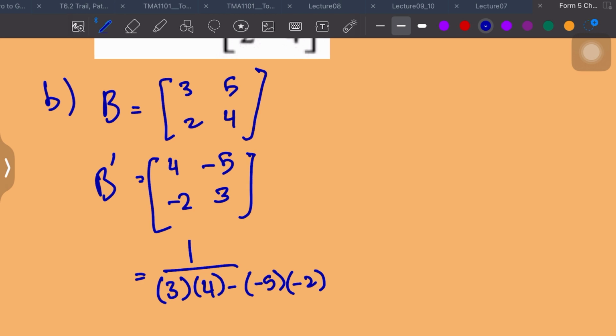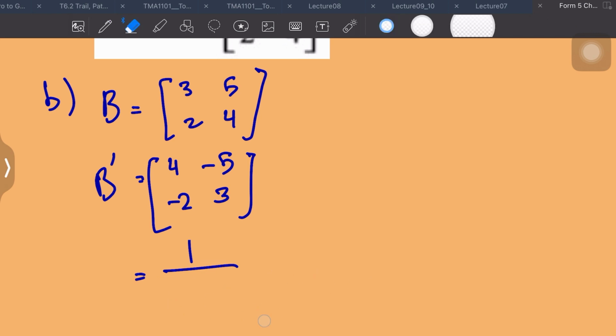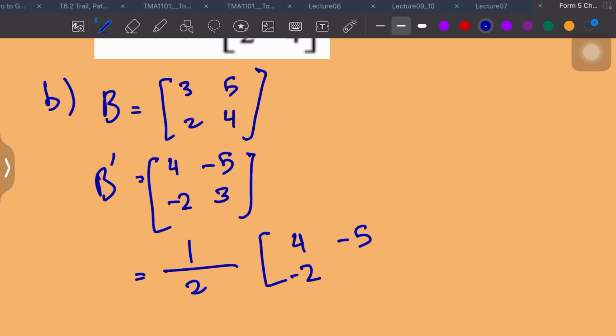So we'll get 12 here, and then we'll get negative 10. So it will be 1 per 2, and then 4, negative 5, negative 2, 3. Inverse exists for matrix B.